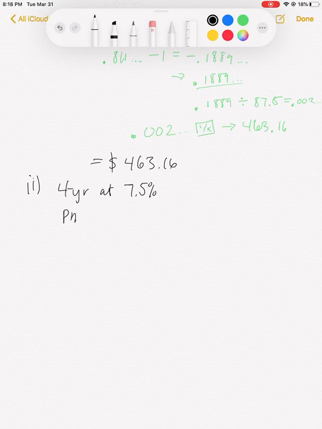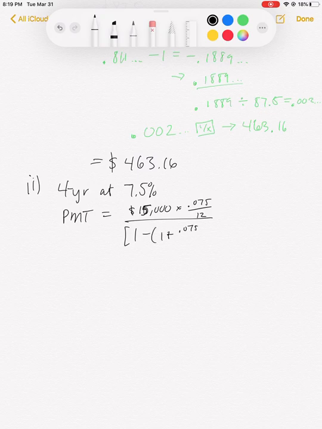So the PMT, the payment, is equal to $15,000 times 0.075, which is the APR as a decimal, over 12, divided by 1 subtract 1 plus 0.075 over 12 to the negative 12 times 4 now, because our number of years that we're paying on this is going to be 4 years instead of just 3.